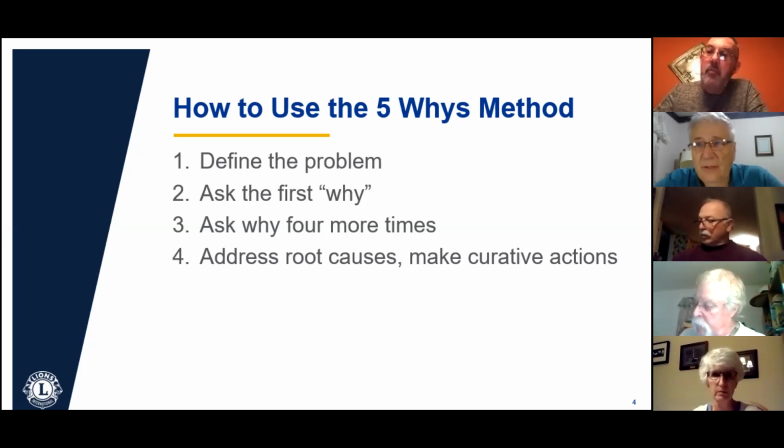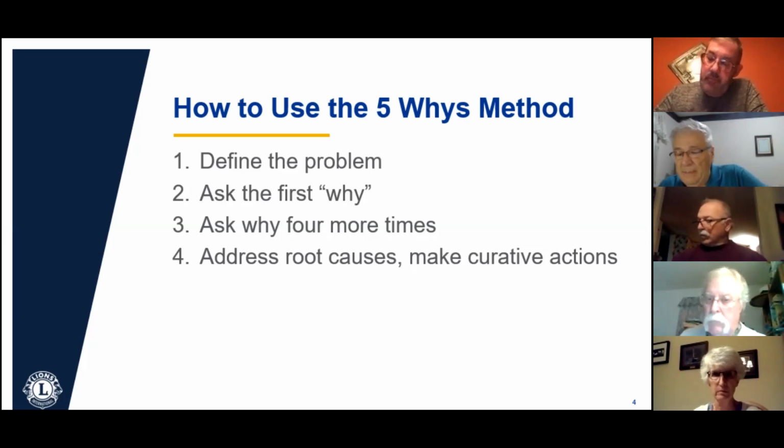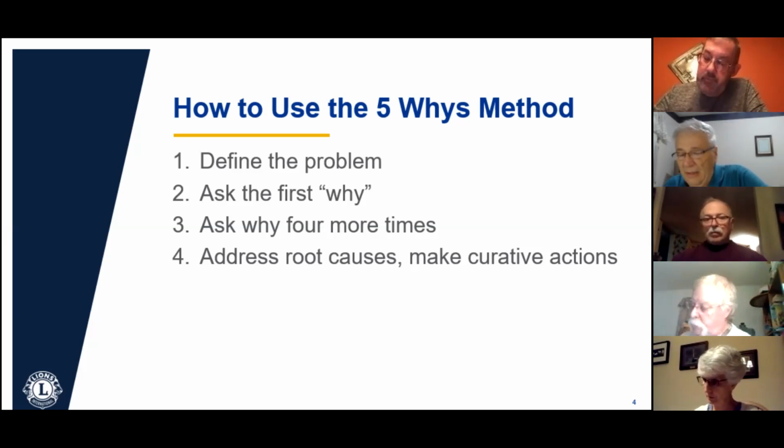And then you should have a curative action, or what you're going to do to solve this problem. You begin by defining the problem, ask your first why, ask 4 more questions until you get to the root cause of the problem, and then you can begin solving it.